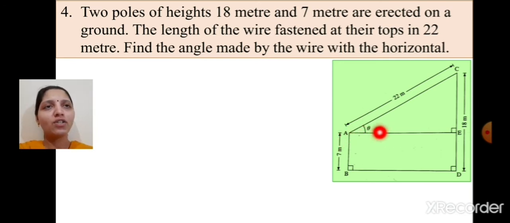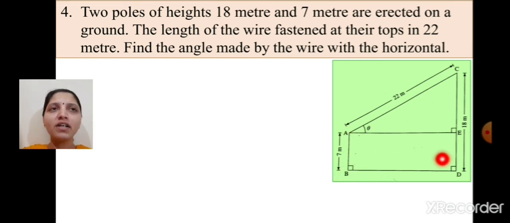So let's draw the diagram first. Two poles of heights 18 meters and 7 meters are erected on the ground. So here you have to draw two poles. Segment AB is the first pole and segment CD is the second pole. One pole is given as 7 meters, another pole is given as 18 meters.